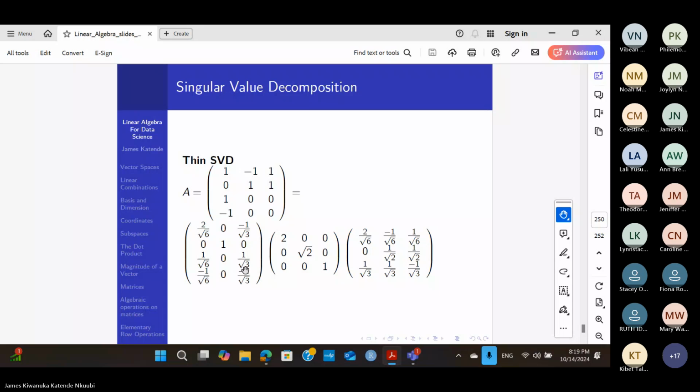This one. We have dropped the last row, which was full of zeros. Then we have dropped the last column here, which doesn't contribute anything. So now you have a smaller representation, but it gives you exactly the same answer. So this is what you call the thin SVD. The first one was the full SVD.